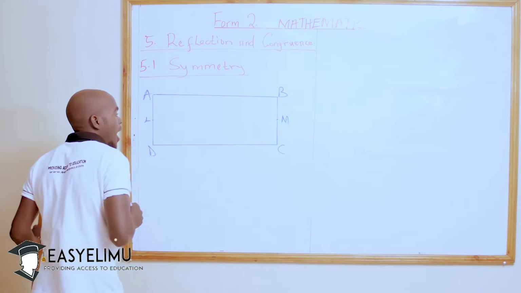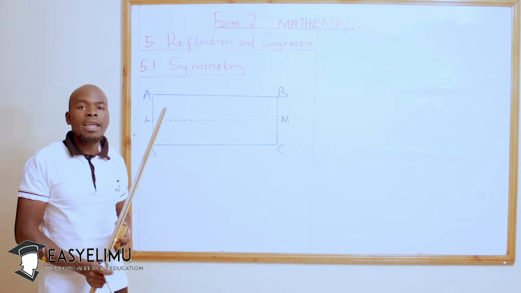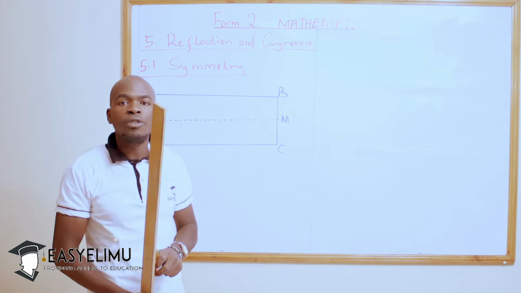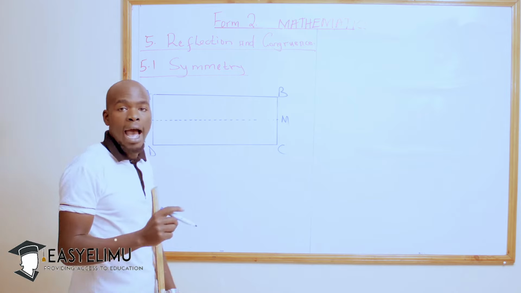We are going to have a line running through the center of the rectangle, joining point L and M.